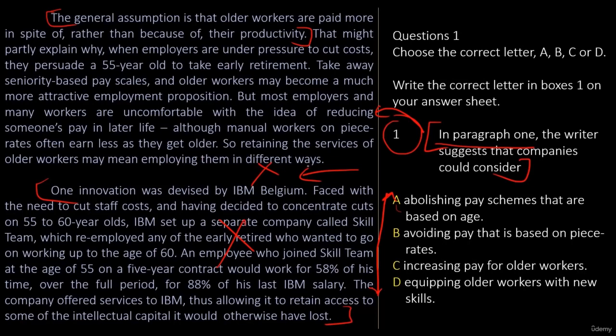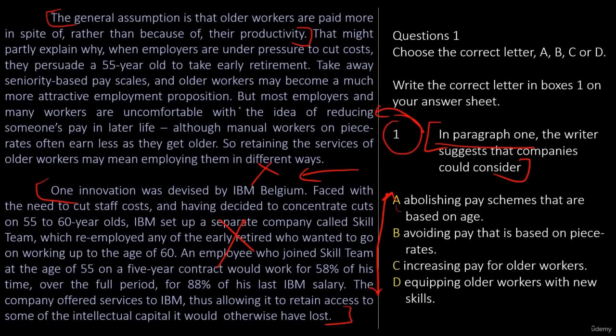Now look here, they're trying to say that if we look at the old people, they are not that productive, and employers could consider that if they remove the seniority, removing them could be a good option, or removing the system of paying according to old age could be a good option.